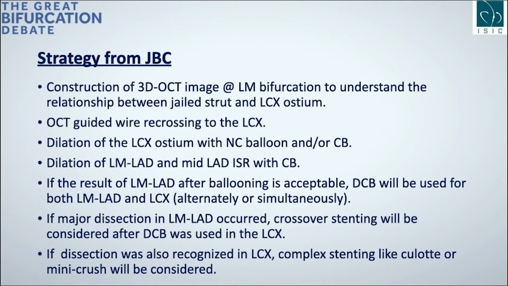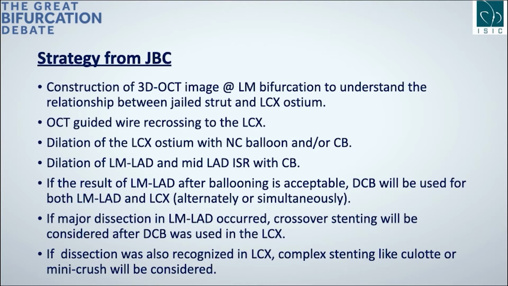After passing the wire, we dilate the proximal circumflex with a cutting balloon or non-compliant balloon. Then we dilate proximal and mid LAD with a cutting balloon. If the condition of left main to LAD is acceptable, we will use the DCB for both LAD and circumflex.